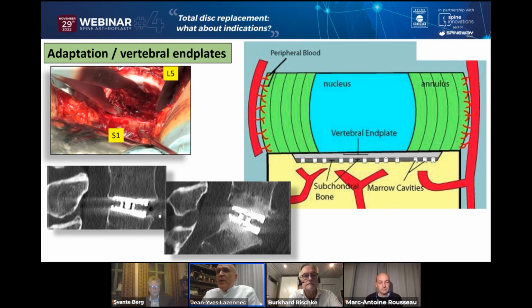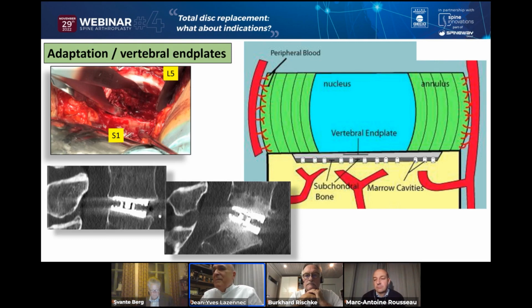When we speak about the end plate, we must remember the microanatomy. We have the nucleus, we know the vertebral end plate, but inside of this vertebral end plate, you have subchondral bone, sometimes very dense, and as we need to have bone ingrowth and good bone adaptation, we must break this dense subchondral bone without weakening the end plate, of course.